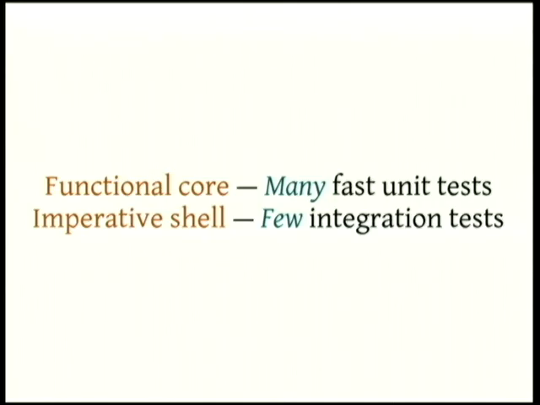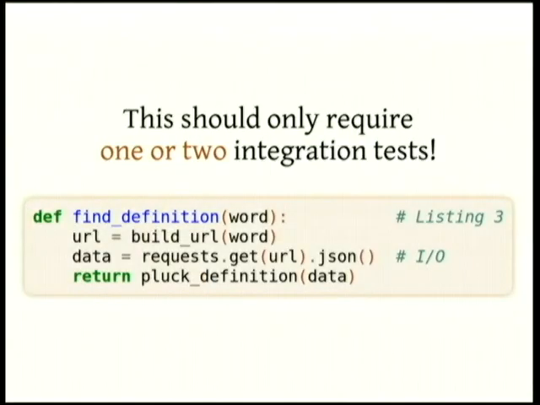Up at the top, your imperative shell hopefully only needs a few integration tests in order to verify for you that it works, because you're not having to hit the imperative shell with the 20 different ways that a word definition you're looking up could be malformed. You're doing that by testing the functional core. You just test the imperative shell to make sure the pieces are then hooked together correctly. Here's our top-level function from listing 3. I mean, there's not even any if statements here.